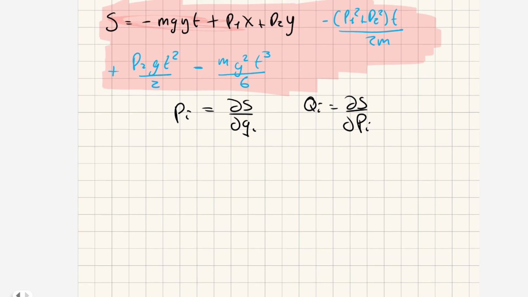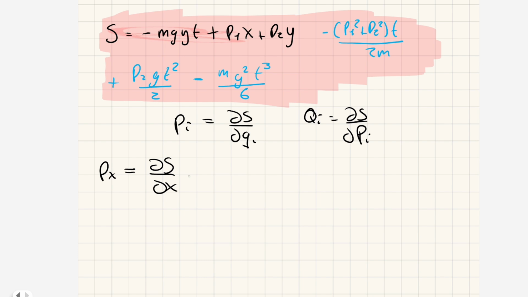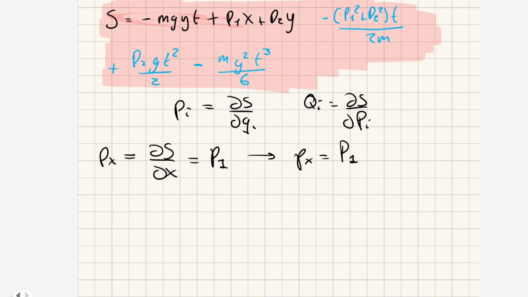So we can say that, for example, little px is going to be the partial of s with respect to x. If we take that derivative, we can see easily that this is going to be p1. Okay, so we have that px is equal to upper p1. Remember that we have been telling that the upper variables, the capital variables, P and Q, are constants of motion.